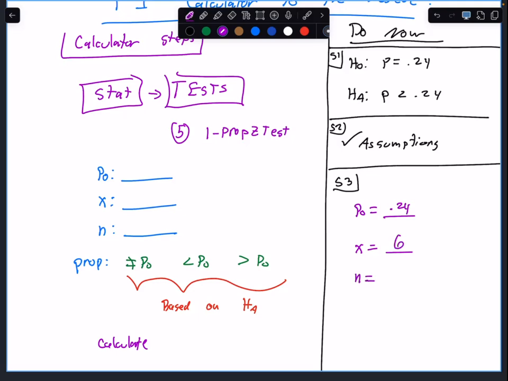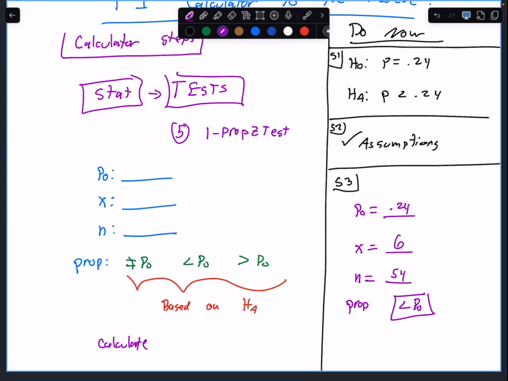What was N? 54. And my prop symbol, I'm going to select less than P0. So please, in your calculator right now, I'll give you about 30 seconds. Please type this into your calculator.